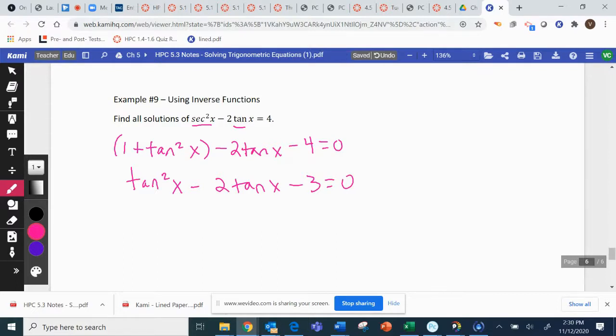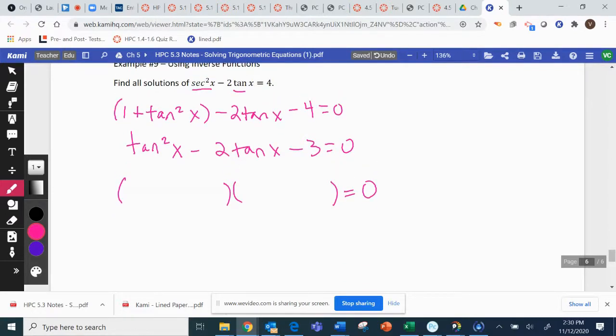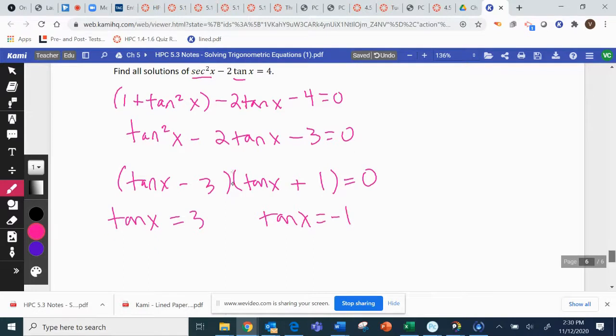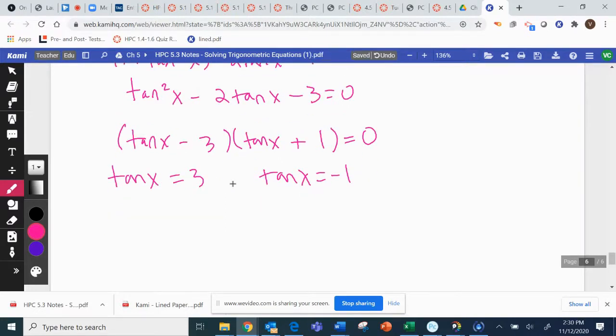So is that factorable? Yep, factors. So then I have tangent x equals 3 and tangent x equals -1. So for this one, x would equal, are we doing this on a certain interval?